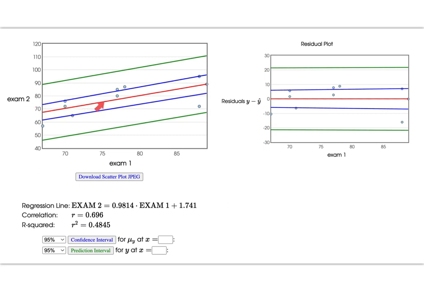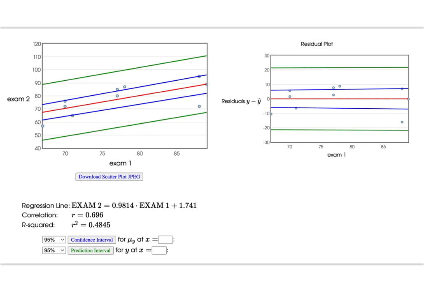But I'd be 95% confident that the actual value from the predicted is somewhere between here and here. The 95% prediction interval is then between these two here. So that's what the green and the blue mean.